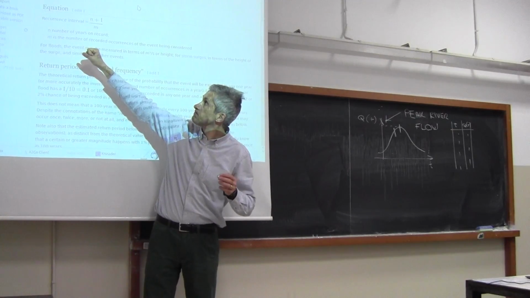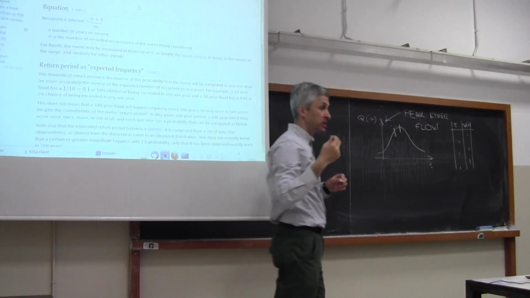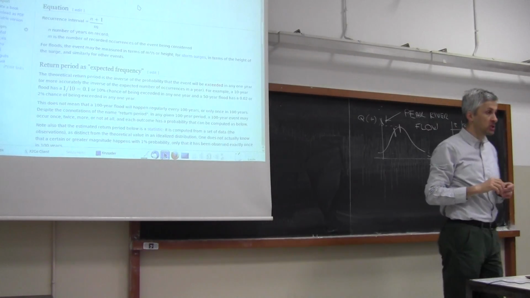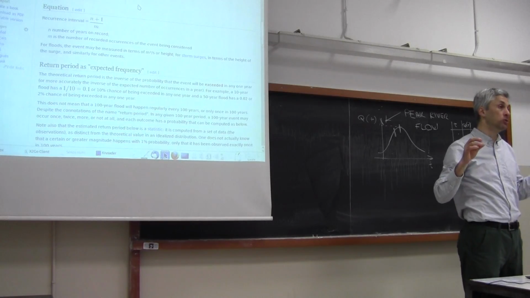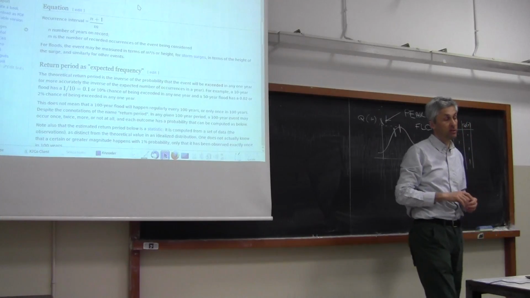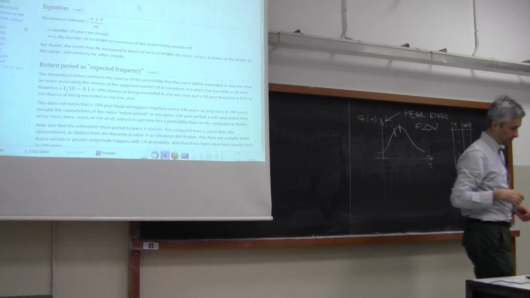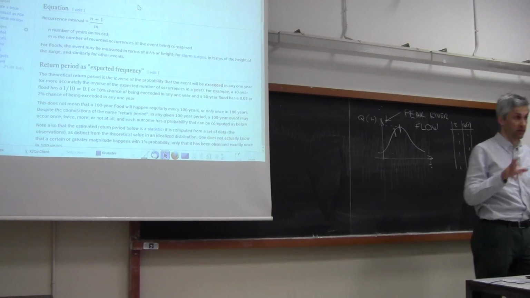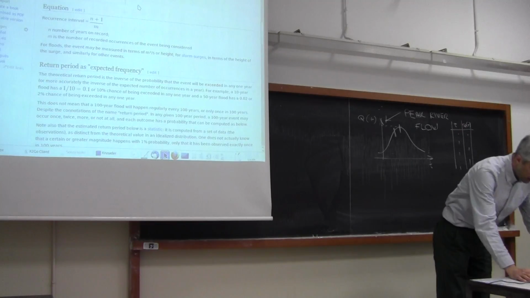Basically, if you make this computation in practice, you would realize that a value that is close to the average has a return period of about 2 years. This is easy to check. If you make just a simulation or you take some numbers, it's easy to check.